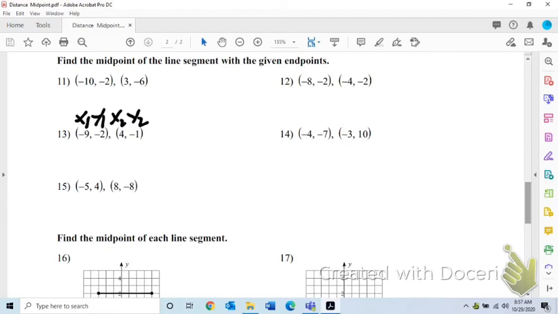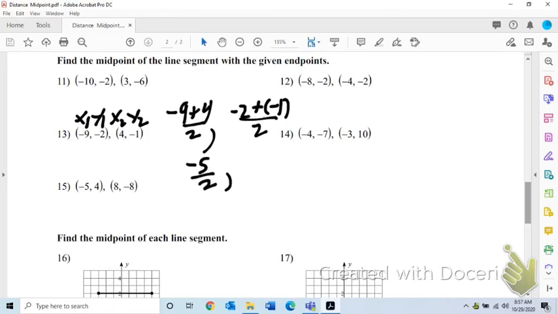So that's going to give us negative 9 plus 4 over 2, and y1 plus y2 over 2, negative 2 plus a negative 1. I want to make sure that we're keeping everything real clear. Negative 9 plus 4 is negative 5 over 2. Negative 2 plus negative 1 is negative 3 over 2. And if you want, that's fine. If you want to break it down to negative 2.5, negative 1.5, that's fine as well.